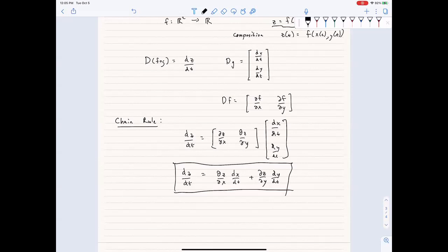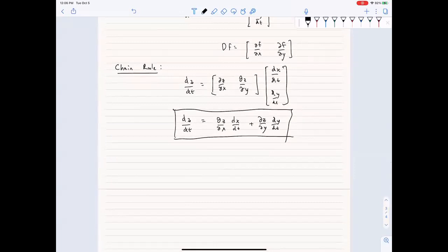All right. So a lot of generalities. I know it's sort of notation heavy and conceptually heavy, so let's do an actual computation. Here's a problem. Let z equal xy minus y squared, and let x of t be cosine of t, and y of t be sine of t.